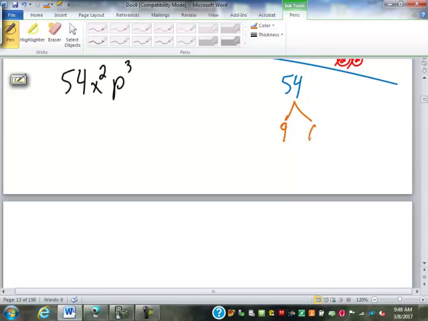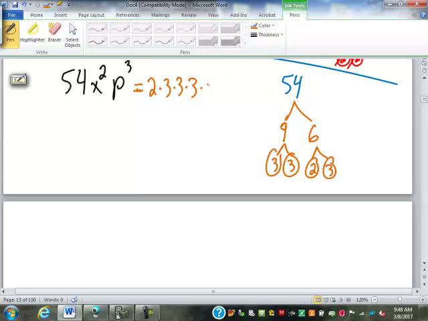So 9, which should leave us with 6, good. 9 splits into 3 and 3. 6 splits into 2 and 3. So the 54, 2 times 3 times 3 times 3.